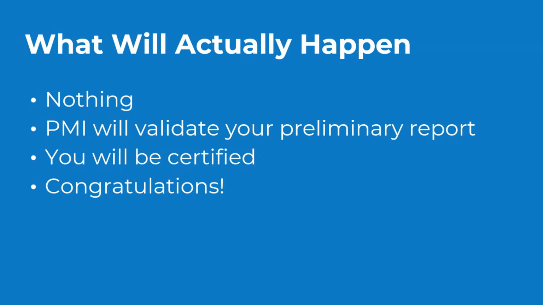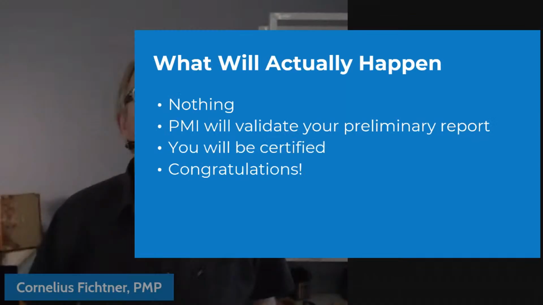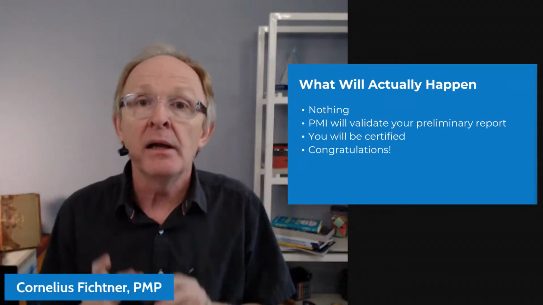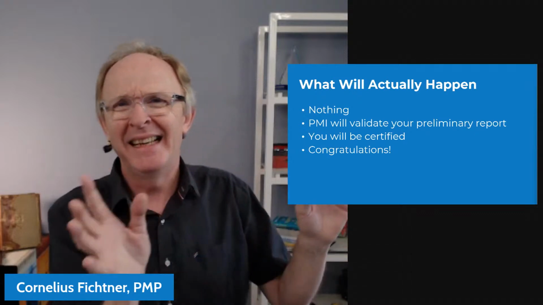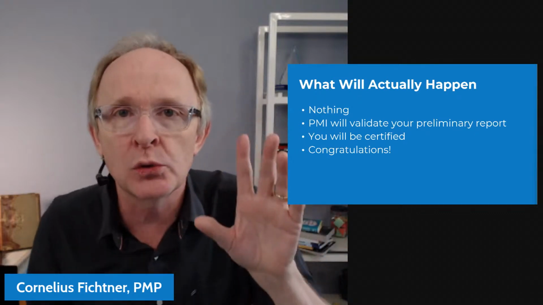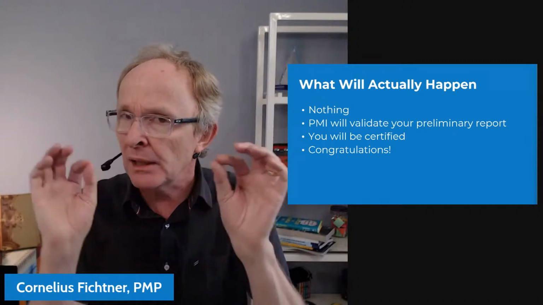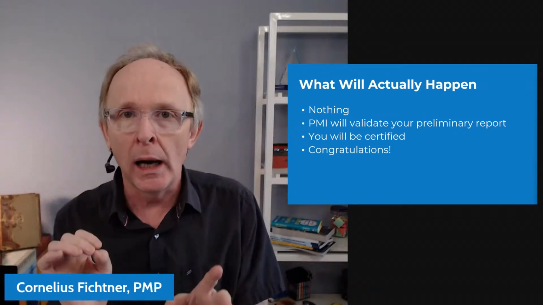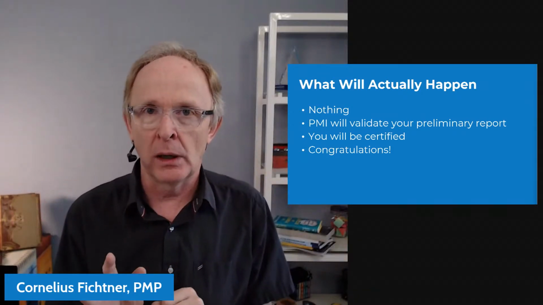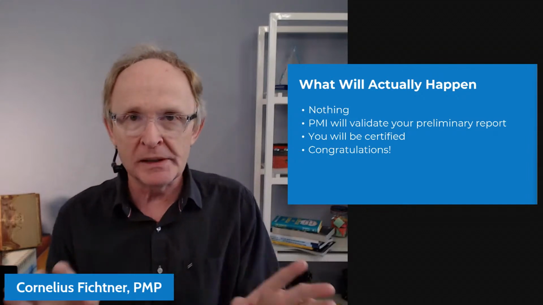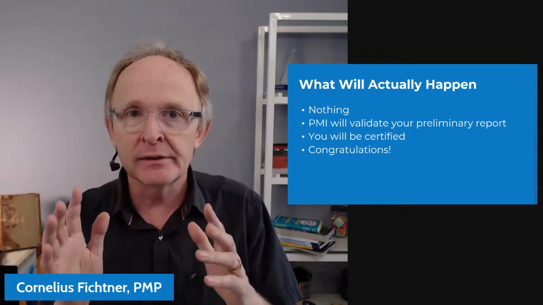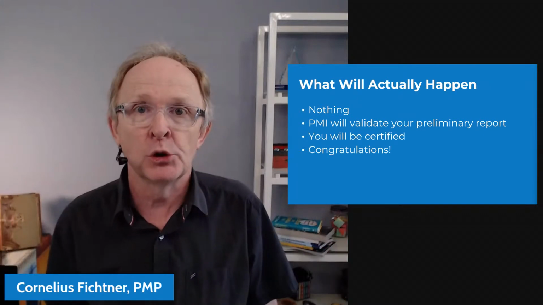You will be certified. Congratulations. Welcome to the club. You are now a PMP. That's what's going to happen. Everything else before that, the chances are so small. Don't worry about it. But you need to know why PMI does this, right? They want to make sure that nobody's cheating and that everybody follows good ethics as they are taking the exam.